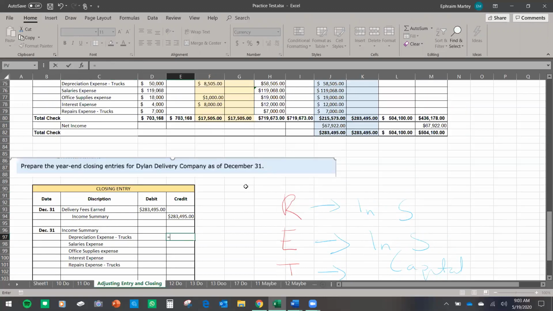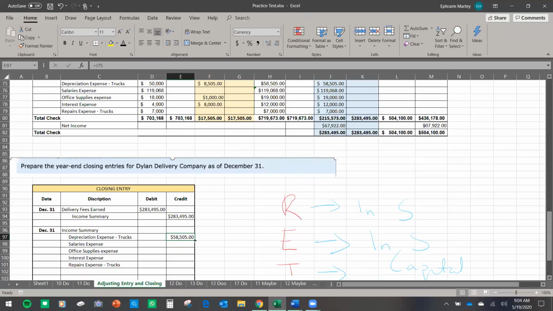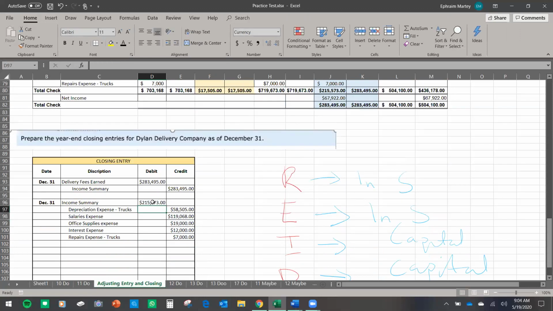We reference depreciation expense. Where is that at? There it is. And then we just drag this all the way and it will bring all the numbers for us. Then we add everything up here, because we are debiting income summary the same amount.